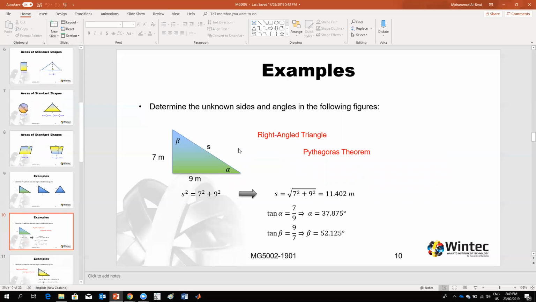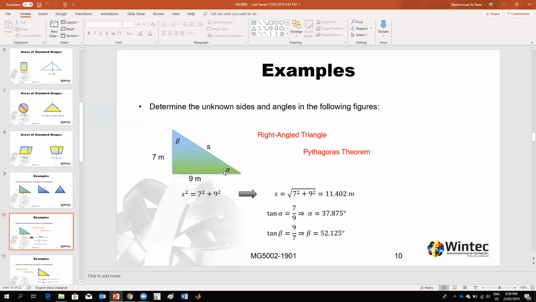So since it's a right angled triangle, we could use straightforward S squared is equal 7 squared plus 9 squared. We take the root square for that part of the equation, and then we find the value for S, which is 11.402 meters. Since the length of this triangle 7 and 9 are specified in meters units, therefore the length of S is also in meters.